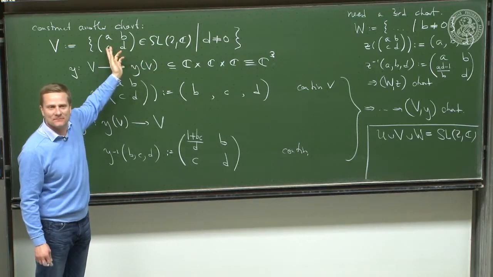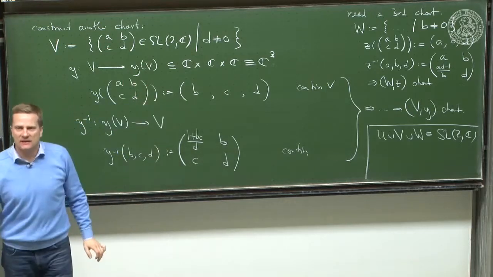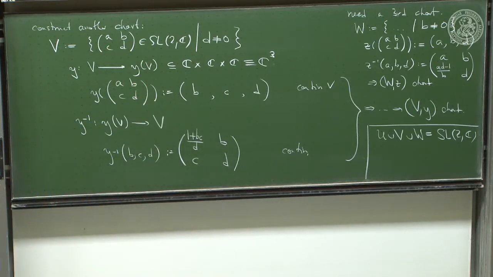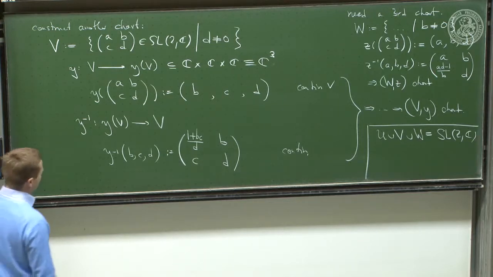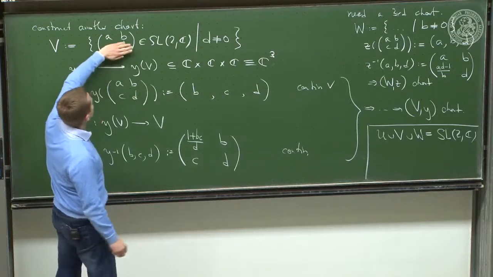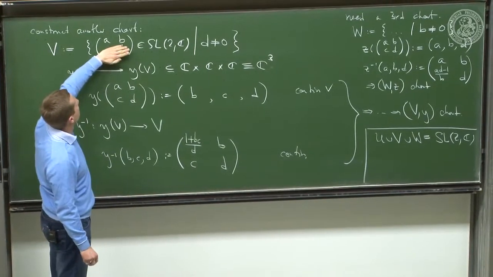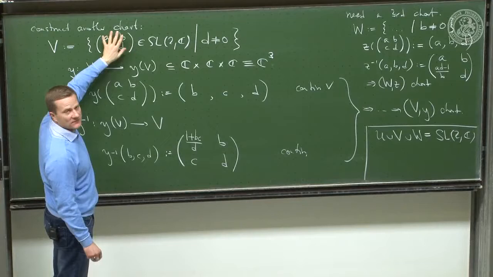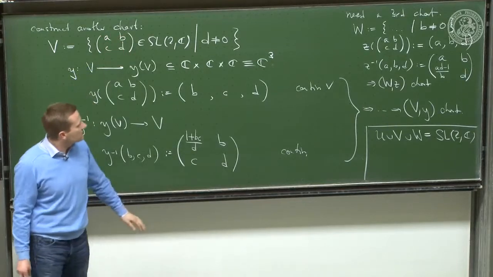Okay? So these three charts cover. Not convinced? Yeah? Do we need the second chart? Aha, no, I see. You say if I have only these two, I cannot have the case that both of them are 0. You're right.